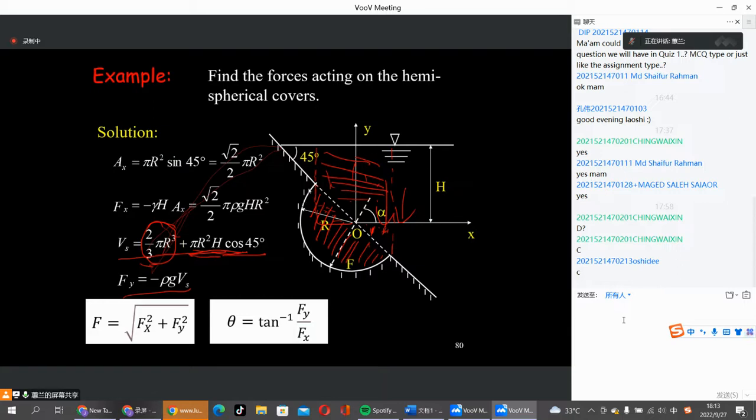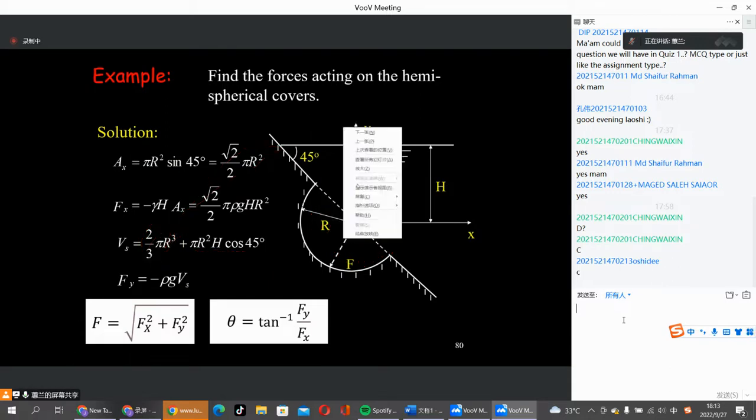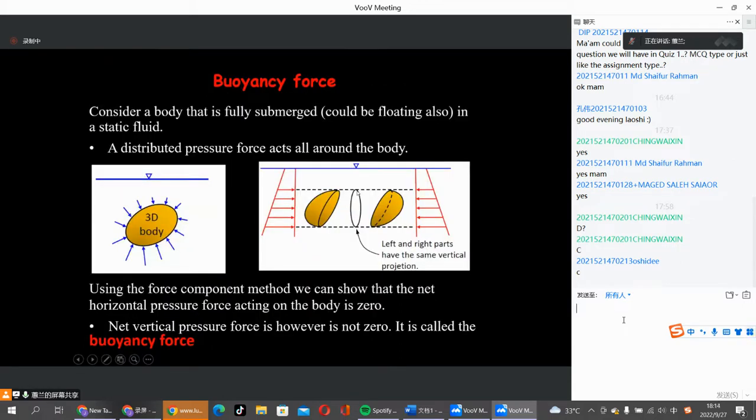Here, you still need to cut the cover of the hemisphere into two parts, because one part is a true pressure volume, the other part is an empty pressure volume, and then you need to calculate each one and sum them, okay? We'll continue studying again, because it's not face-to-face, so I don't know whether you got it or not. So to figure it out later on.